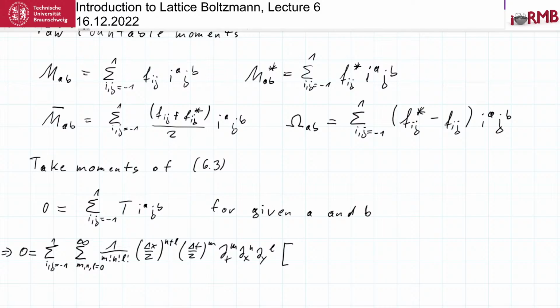So, and now comes our distributions, f_ij, where we already have i by the power of n, and now we multiply this by i by the power of a. So this becomes i by the power of n plus a, right? And again, j by the power of, what was it, l plus b.